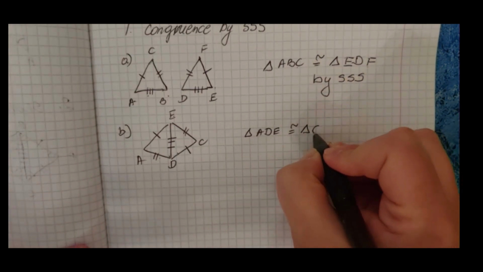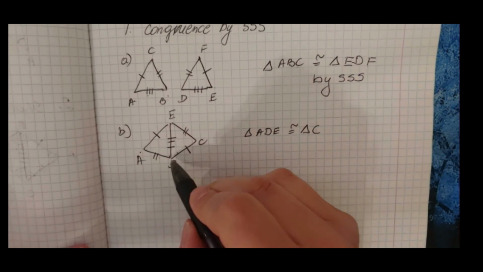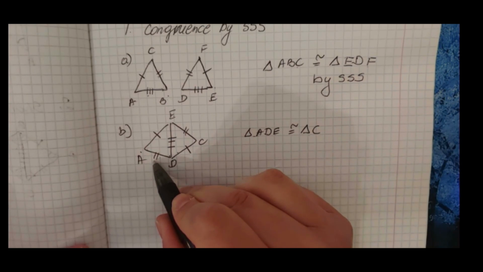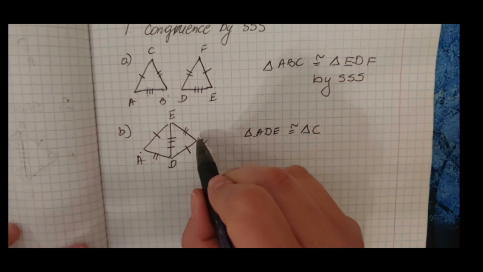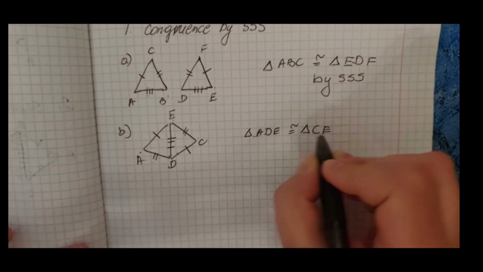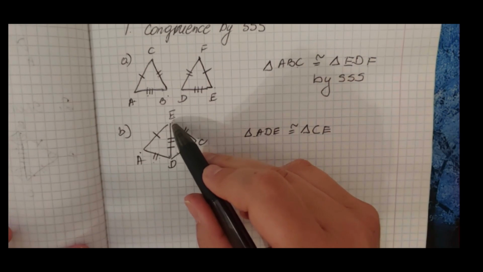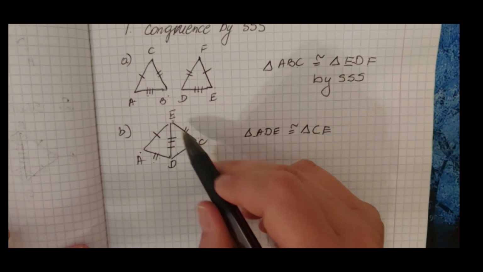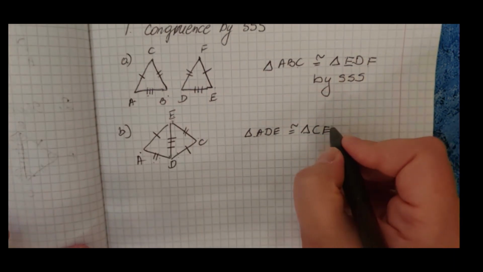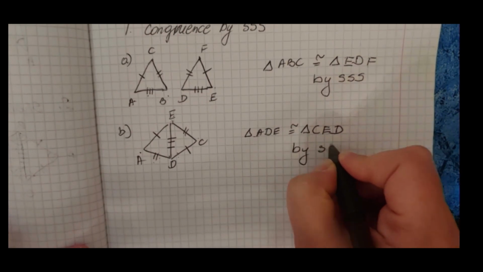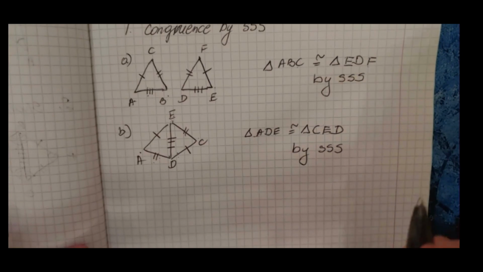So A goes with C, and then I went from A to D using two markings, which means I need to go from C to E. After that I don't really have to think about it, because the only way I can create a triangle is going from C, E, and ending up at D. And they're congruent by side, side, side, because 3 corresponding sides are congruent.